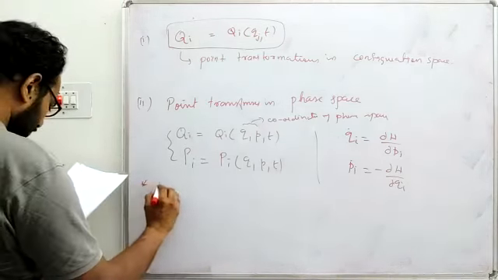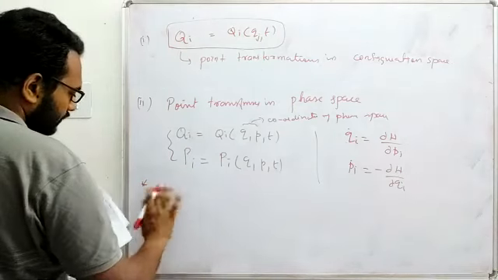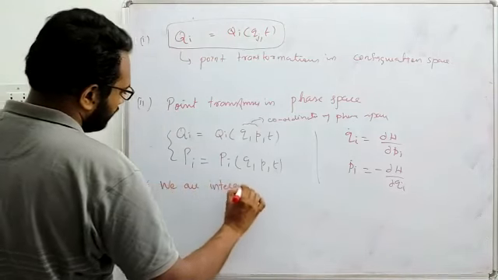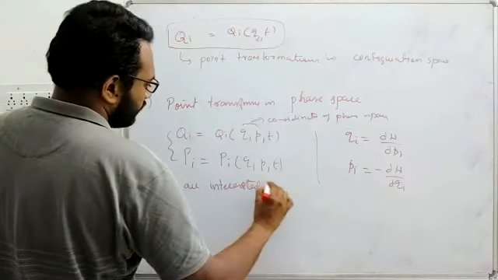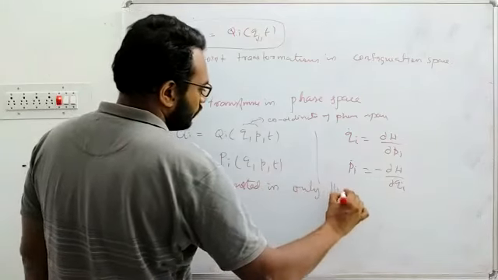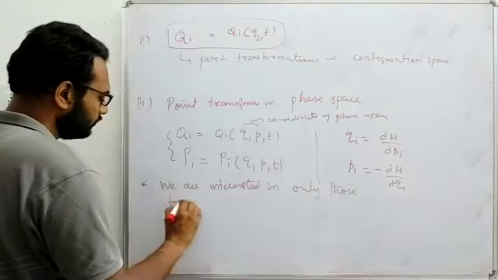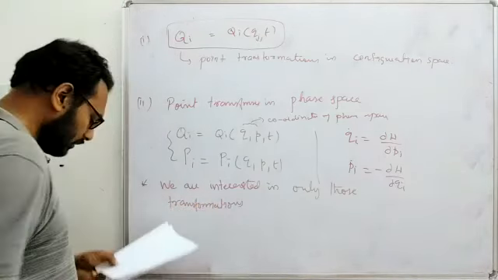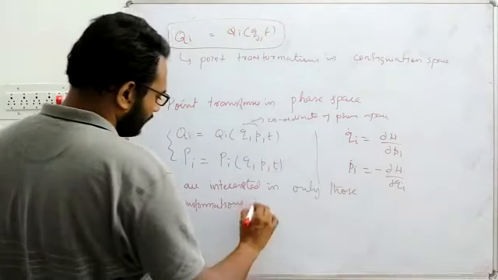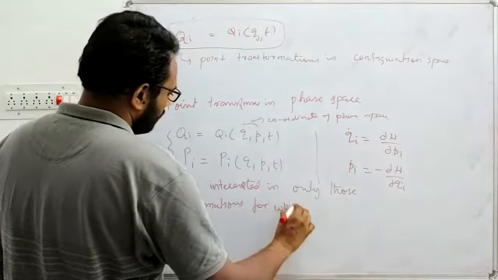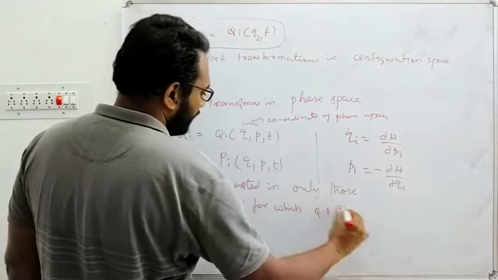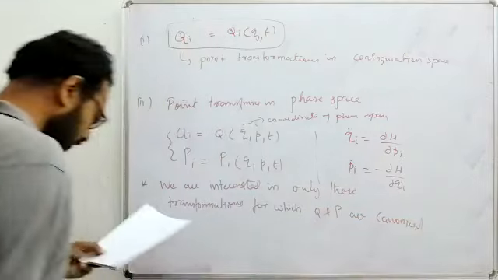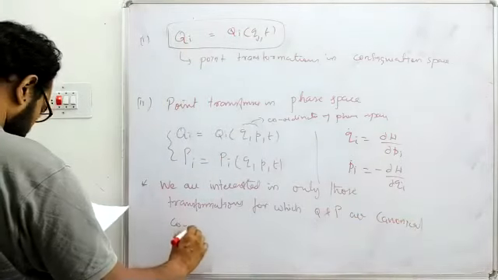Let's say that we are interested in only those transformations for which Q and P are canonical coordinates.